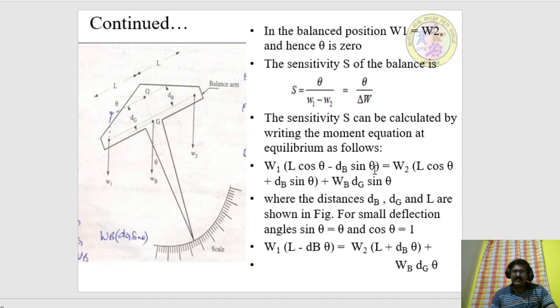Instead of sin theta, I can substitute theta. Now dB theta is equal to W2 L, plus dB theta, plus WB dg theta.